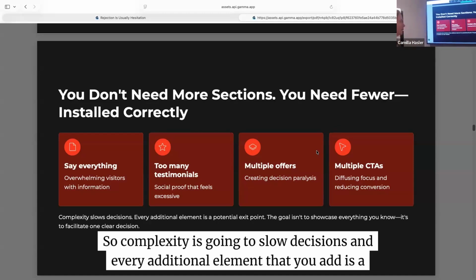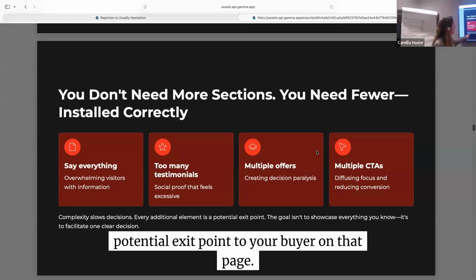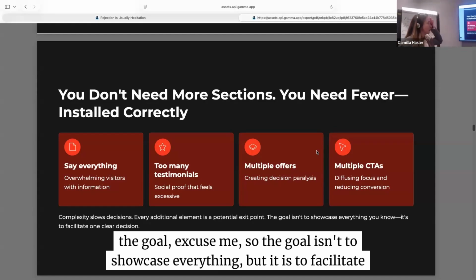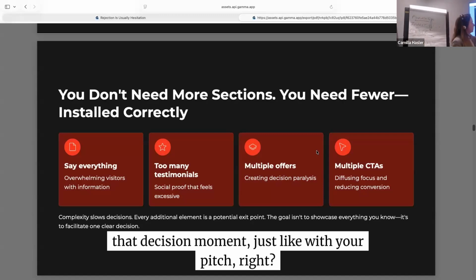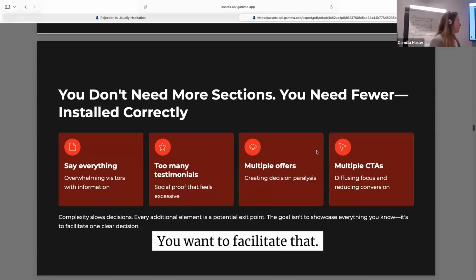Complexity is going to slow decisions, and every additional element that you add is a potential exit point for your buyer on that page. So the goal isn't to showcase everything, but to facilitate that decision moment, just like with your pitch, right? You want to facilitate it.